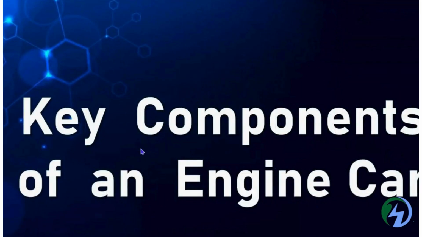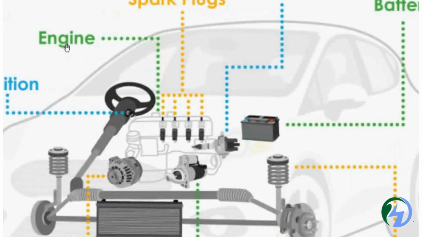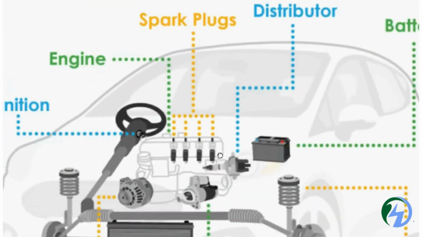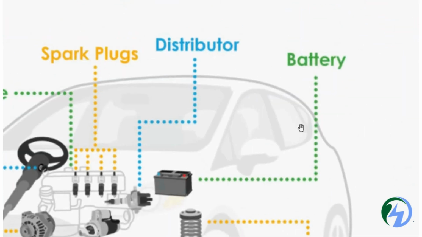And what are the components of an engine car? Mainly, as we know, the engine is one, and the ignition key is the one where the vehicle will start. Once you turn the ignition on, the engine will be started. It will start supplying to the battery. So it means ignition is on, it will be distributed, and the battery will be turned on.